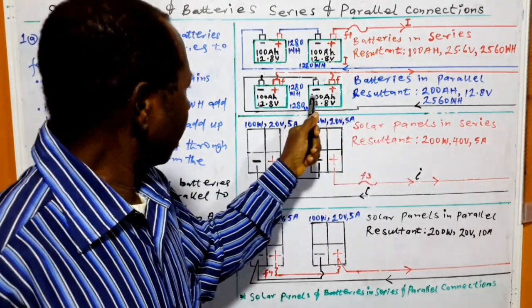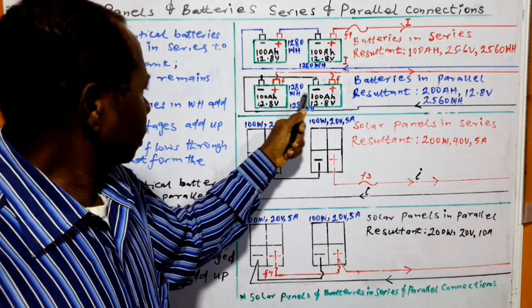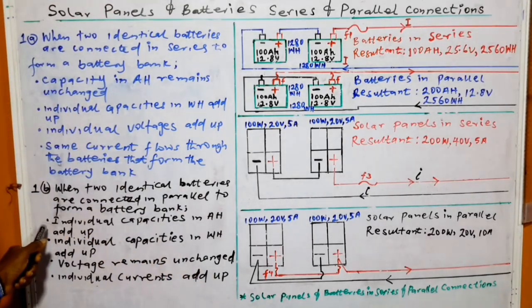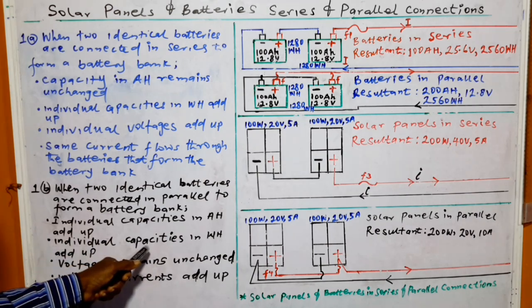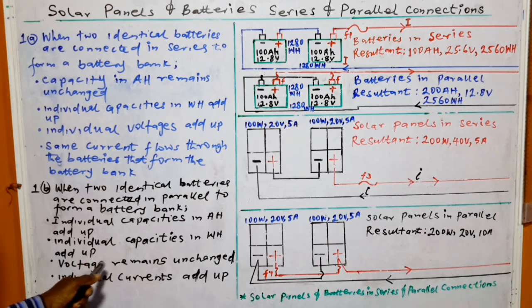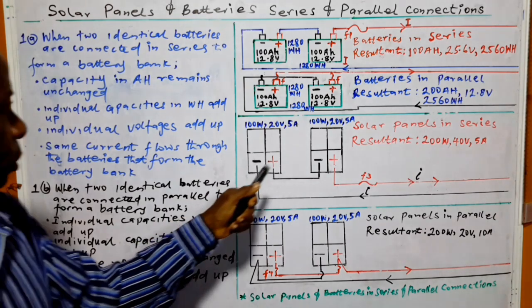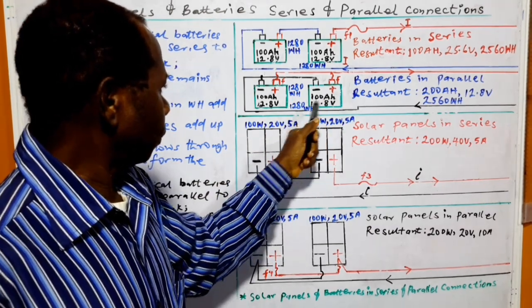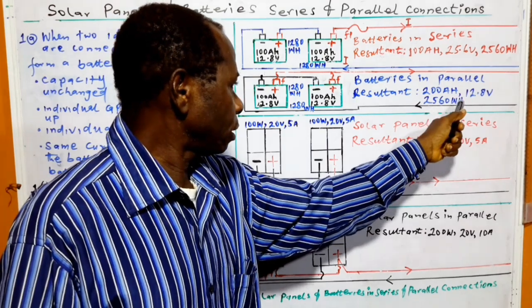So the ampere hour of this and this will add up to give 200. And also individual capacities in watt hour add up. So 1280 watt hour plus 1280 watt hour will give 2560 watt hour.